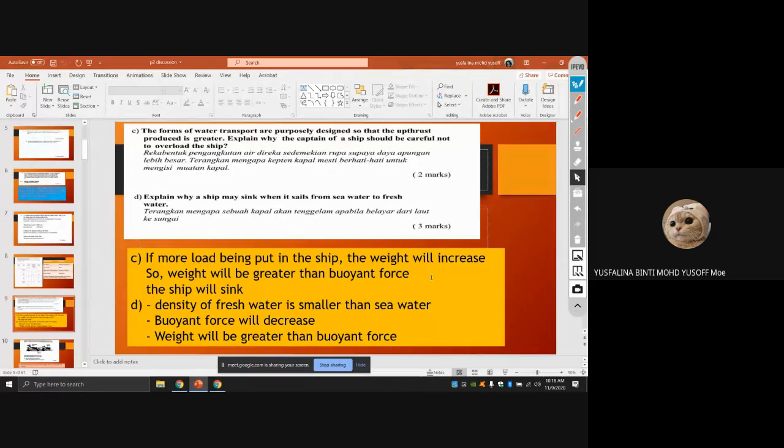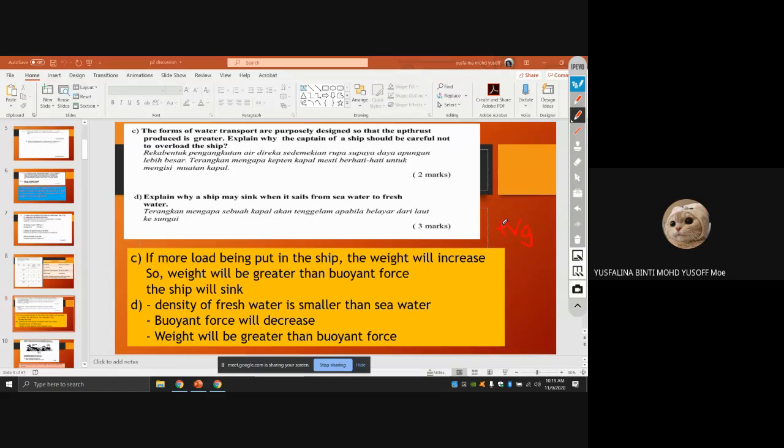Because the ship is moving from seawater to fresh water, the density of fresh water is smaller than seawater. Then you know the formula for the buoyant force is rho v g, where rho is the density of the liquid that we put the object in.